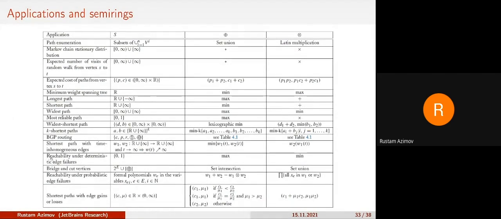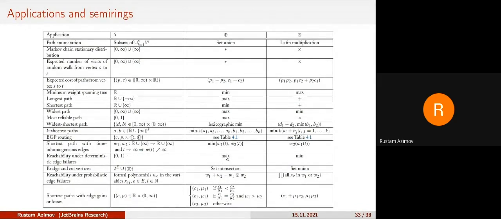For example, also these problems related to network analysis: the reachability problem under deterministic edge failures. It means that you know that an edge either exists or not, and you want to compute the reachability between the nodes of a network. It just uses the Boolean semiring.